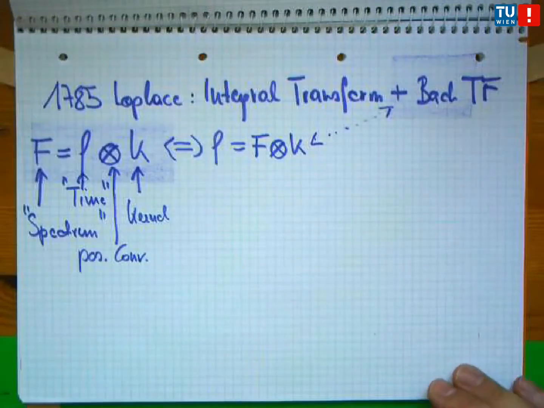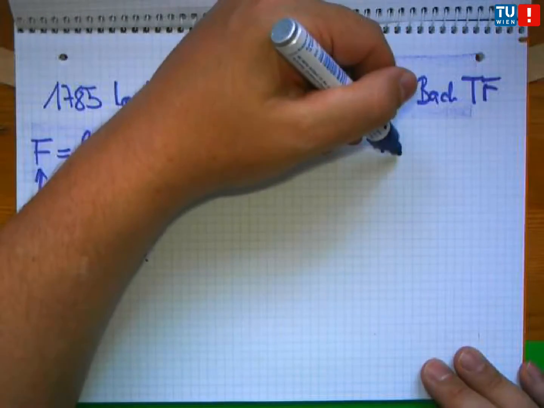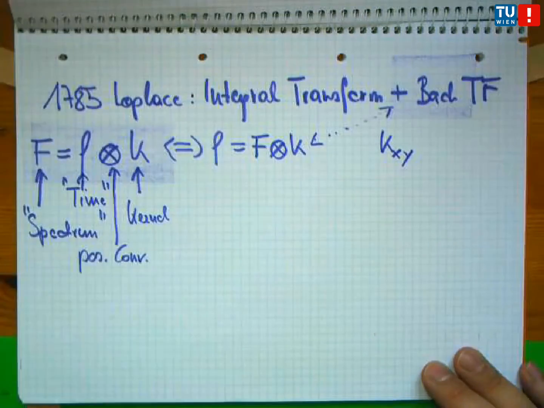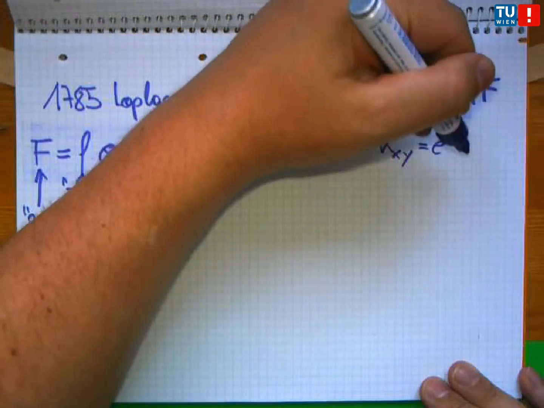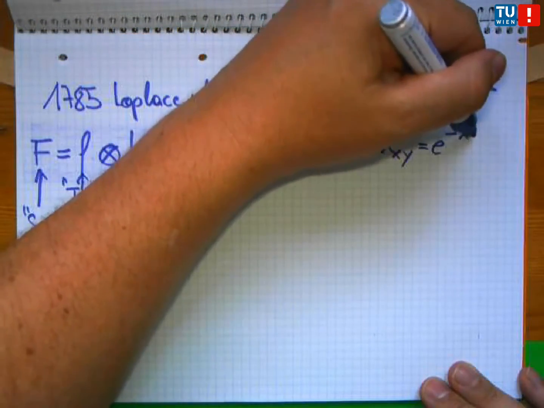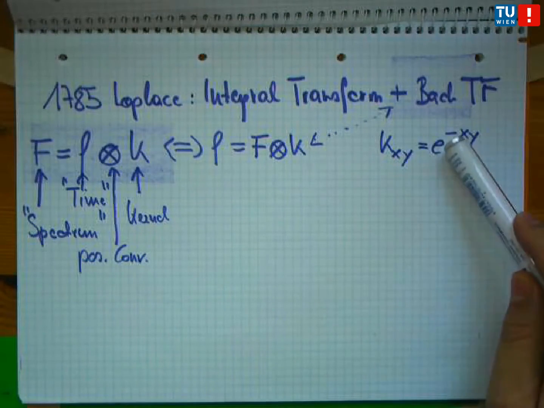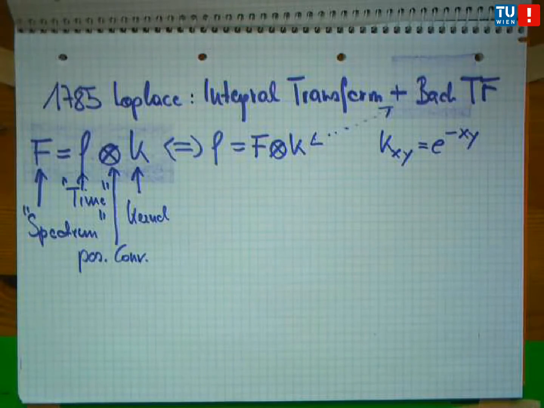And that was what he had wanted, a back transformation. And this he could do for one particular kernel, k being of the time domain and the spectral domain, e to the power of minus x and y. So it was an exponential function. Laplace would prove that with that kernel, those two expressions would both be true.